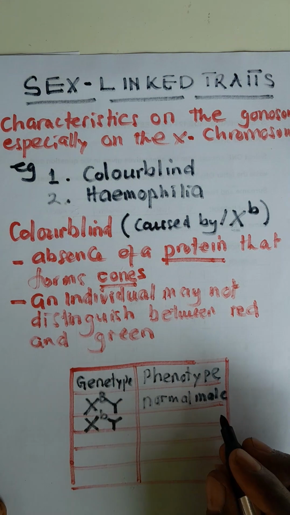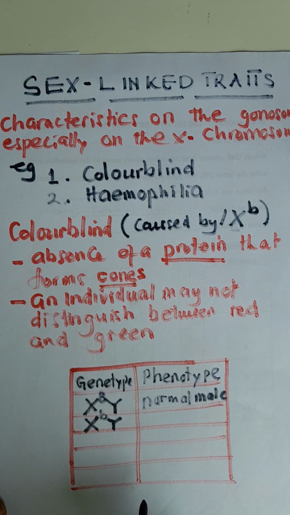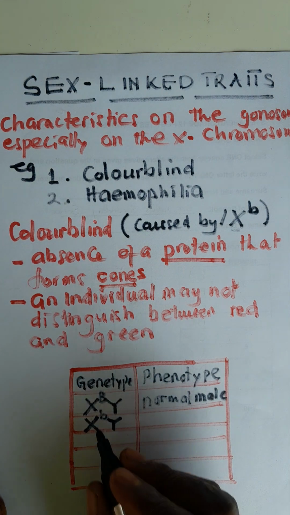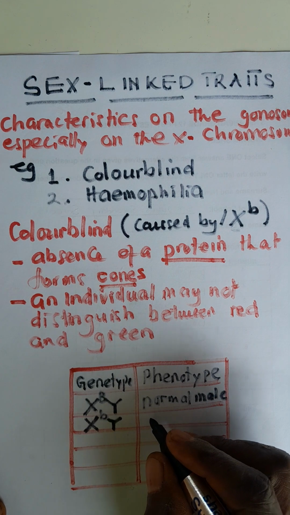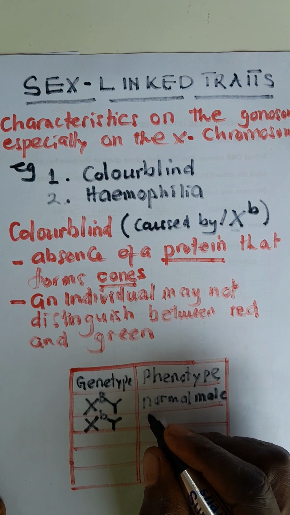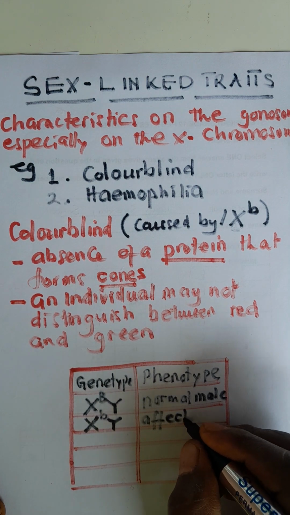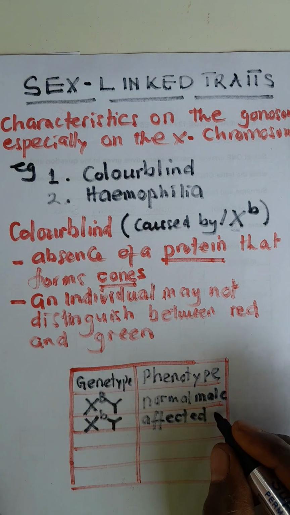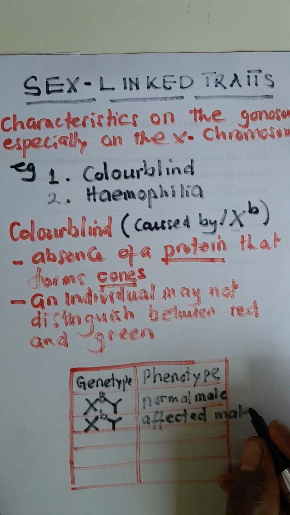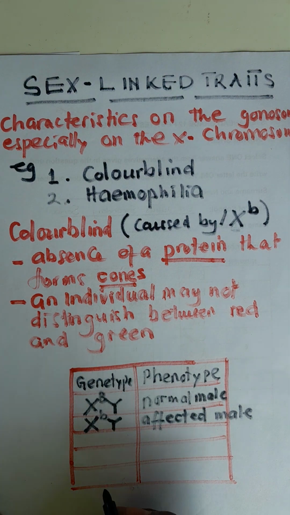A normal male has a dominant allele on the X chromosome. What about this one? Because this one has got a recessive allele, this one is going to be an affected male, or we can say a color blind male. Now remember, you must always indicate the phenotype, color blind male or affected male.